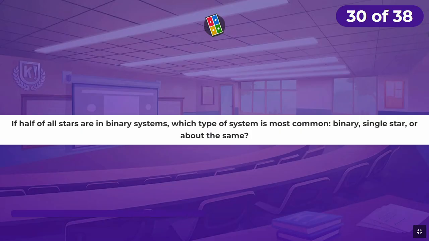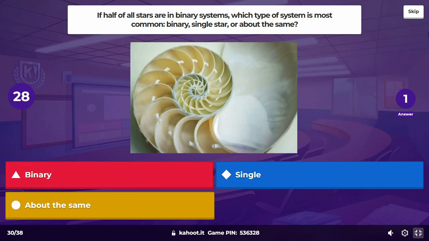So if half of all stars are in binary systems, which type of system is the most common in our galaxy? Is it a binary star system, a single star system, or do they occur at about the same rate?